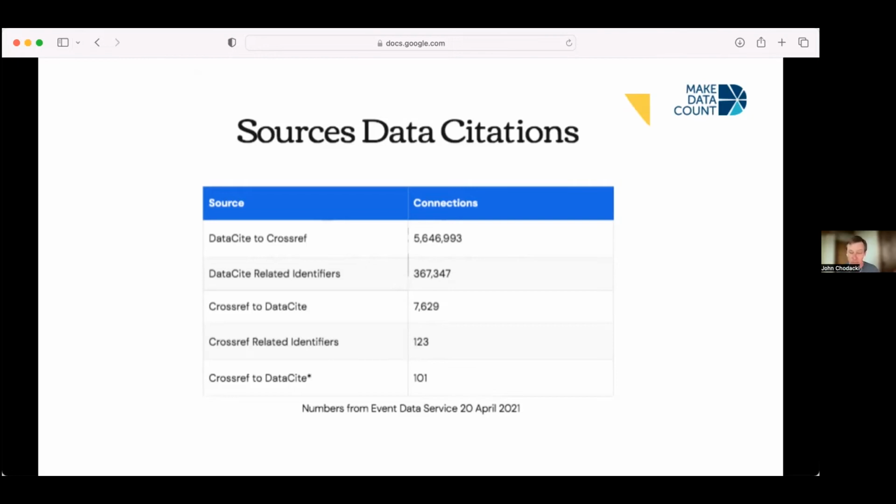So we know that people are making connections between data and papers. We know that. But when you go to the actual registration agencies and you look them up, they're just not there. What we're showing in this slide is not only the lack of participation, but also to acknowledge how important it is that they be accessible.